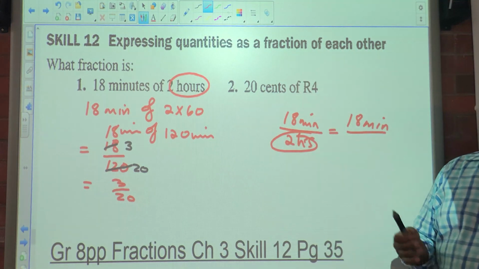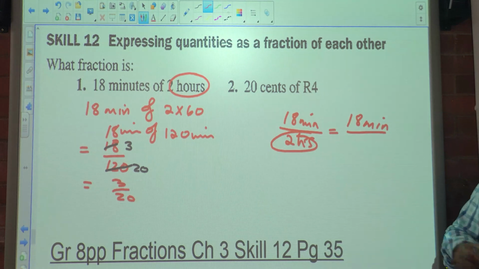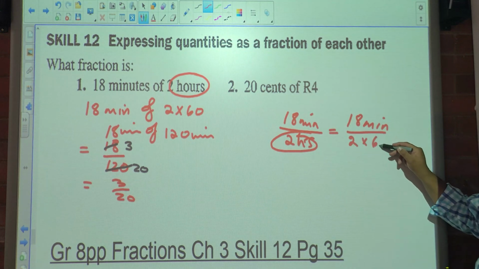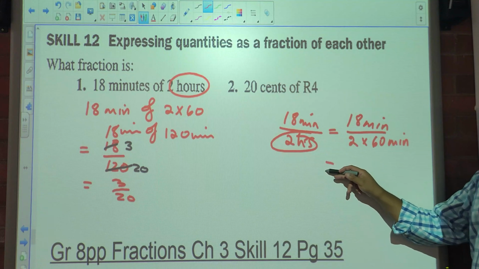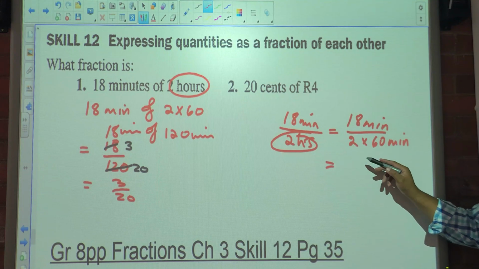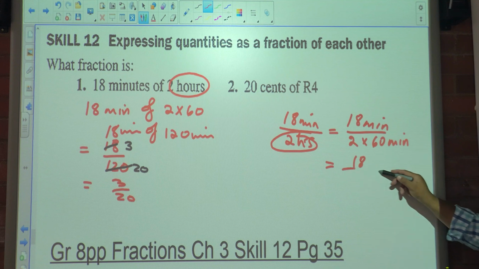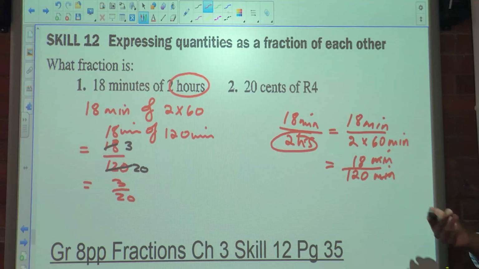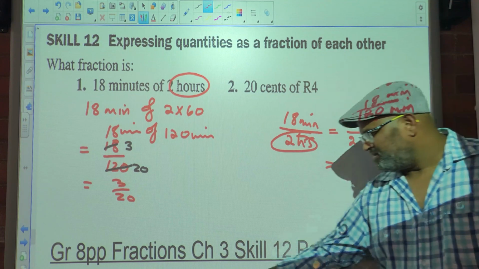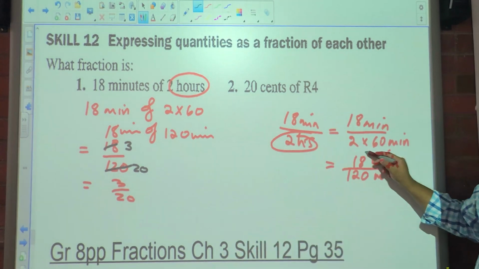How many minutes are there in an hour? 60. So it's 2 multiplied by 60. So that's now minutes. What's 2 multiplied by 60? 120. It's 18 over 120. So that's minutes, so the units are gone. Now we simplify.